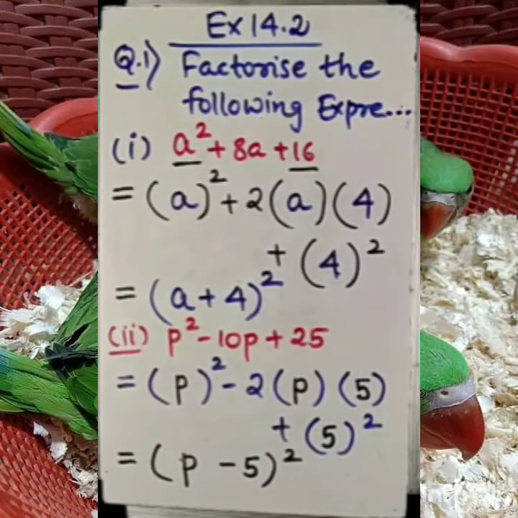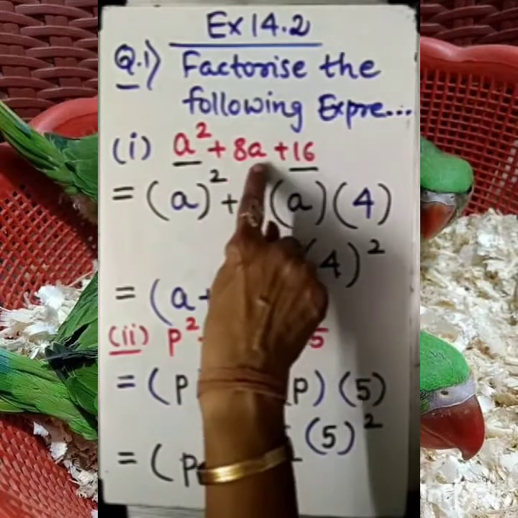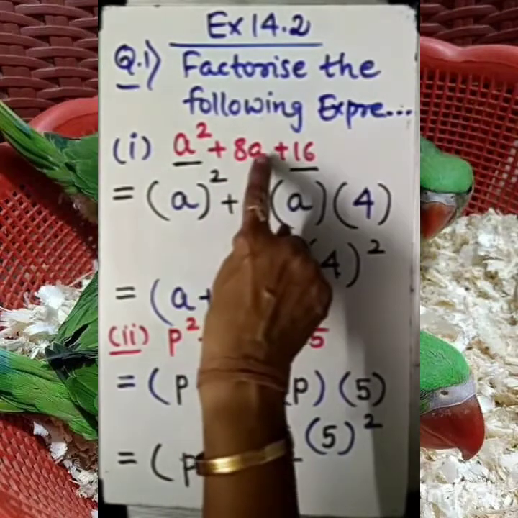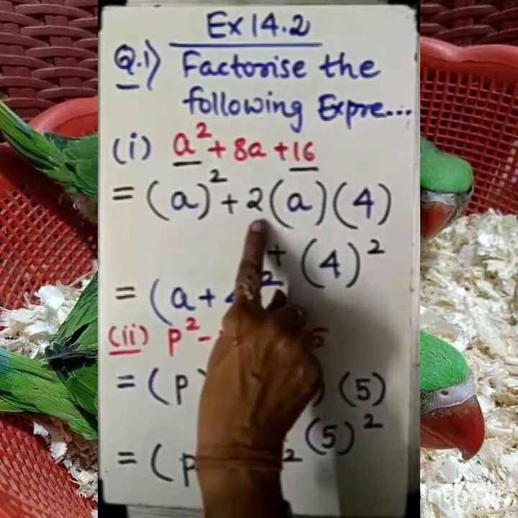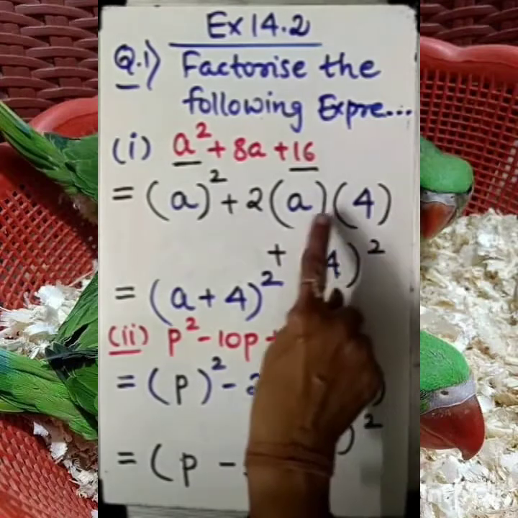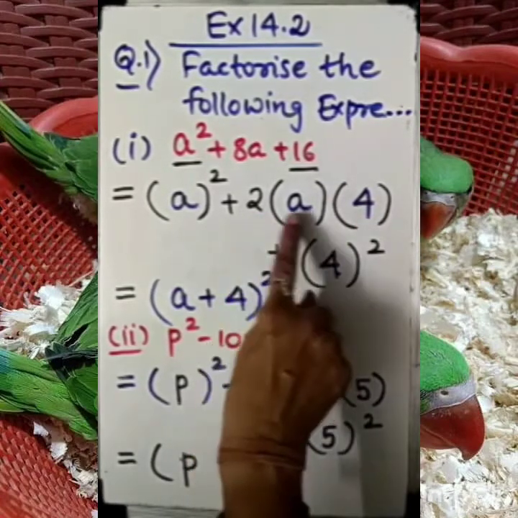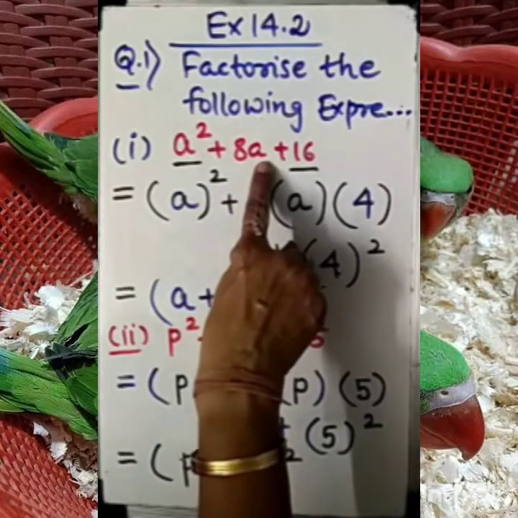So after doing this solution, you may have a doubt about where the middle term goes. So dear student, this is the middle term. It automatically sets when you multiply 4 into a into 2. 4 twos are 8a. So here it is 8a.